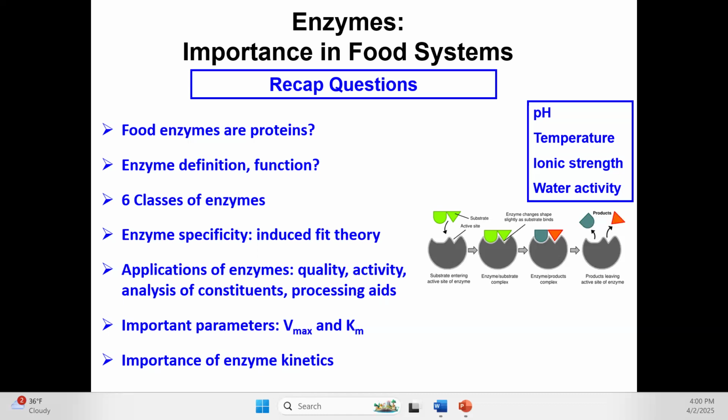So we solved the Michaelis-Menten equation last time, and then we converted it to a linear equation so that we can determine Vmax and Km. And the linear equation is called the Lineweaver-Burk equation. Names of people, basically.